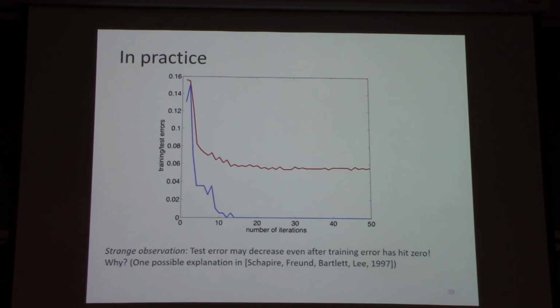There was an interesting paper by Schapire et al. in '97 which said that actually Adaboost also maximizes margins somehow, and it's not clear if that's the reason. But in practice, at least in some data sets, the test error does not go up as we expect because of overfitting, but it seems to flatten out. It's an empirical observation. There is some theory around it, but it's not entirely conclusive.